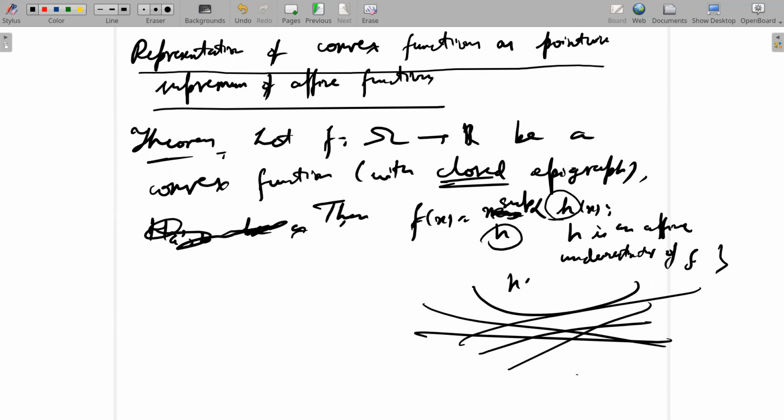So h(x) is always going to be less than or equal to f(x). f(x) is a fixed real number, so if I take the family h_i, then it is bounded above, so definitely a supremum exists for that family. Whatever that supremum is, it is in fact going to be equal to f(x). That is the assertion. So that's the theorem: f(x) is equal to the supremum of h, where h is an affine underestimator of f. Okay, so we'll start with the proof.